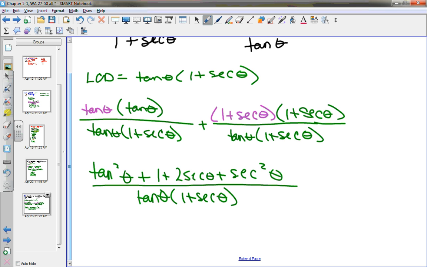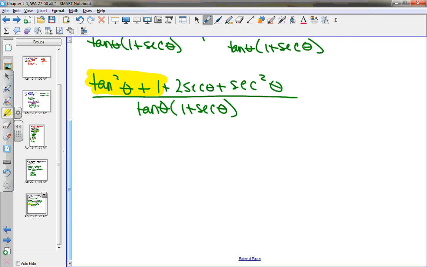What did you say? Where is the identity? That's an identity, right? And what does that equal? I don't know. Secant squared?